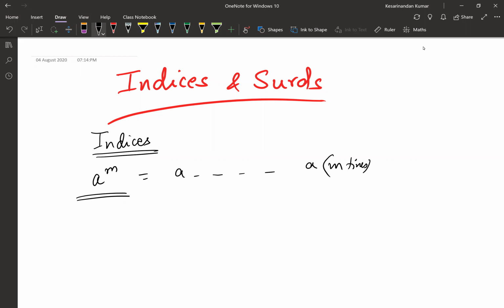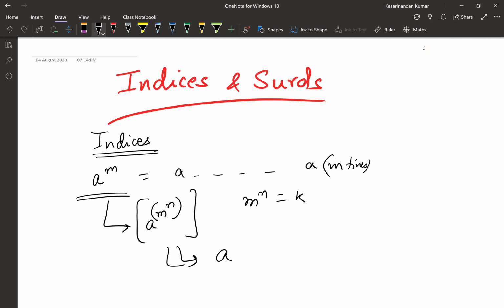It can also be used like a raised to m raised to n. First you solve one bracket, then the other. Let's say m raised to n is equal to k, so this will modify into a raised to k.